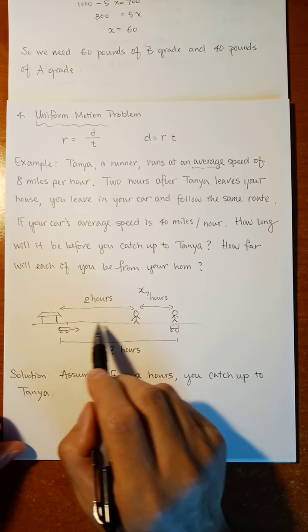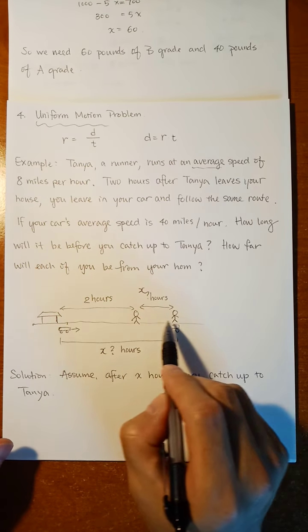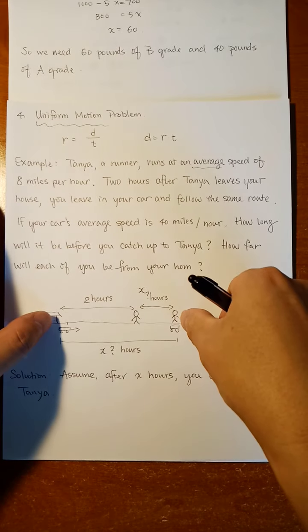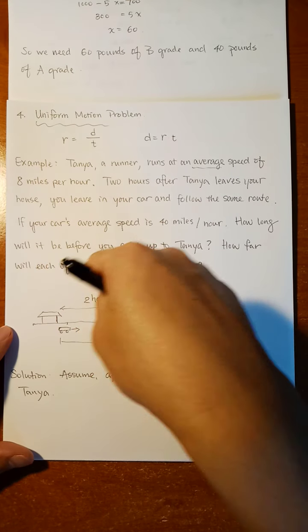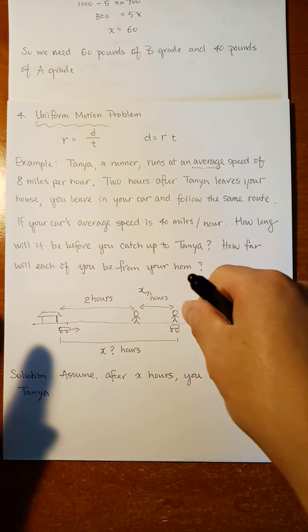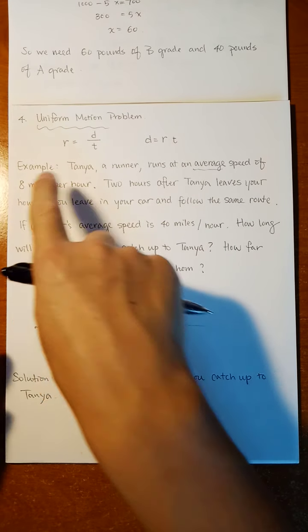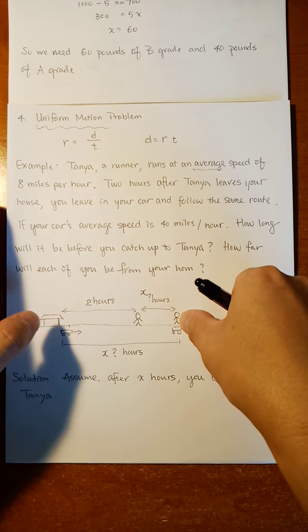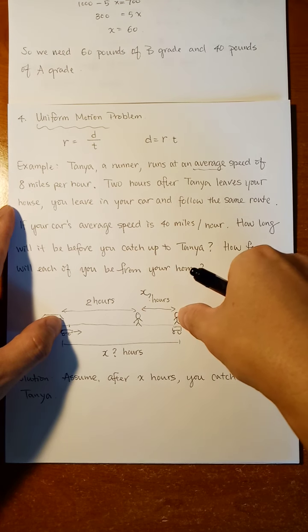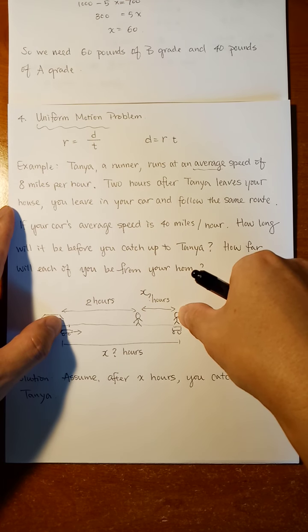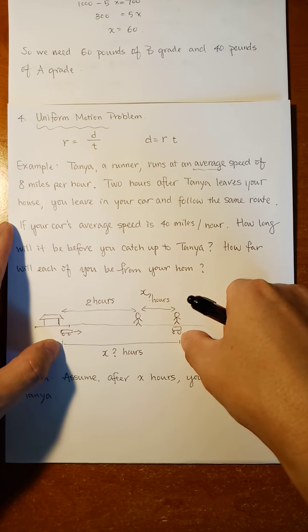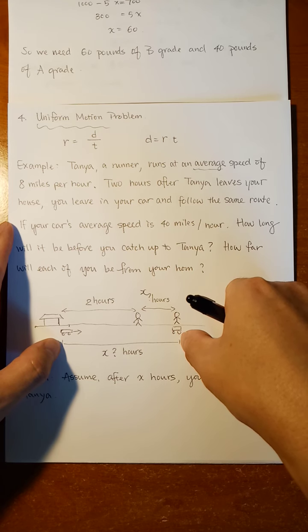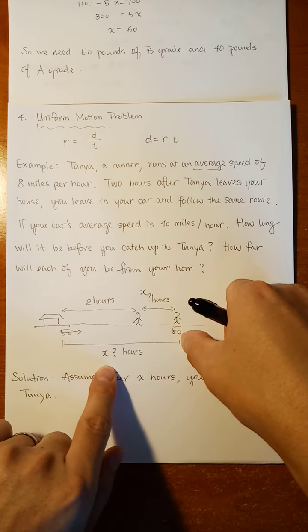You see here, for the Tanya, she runs all the time, but she runs 2 hours plus X hours. She has speed 8 miles per hour, but the total distance from your house to the meeting point is the same distance you traveled in your car within X hours.